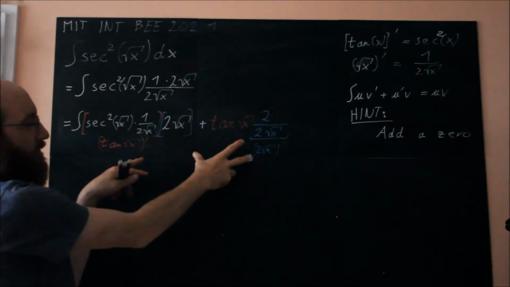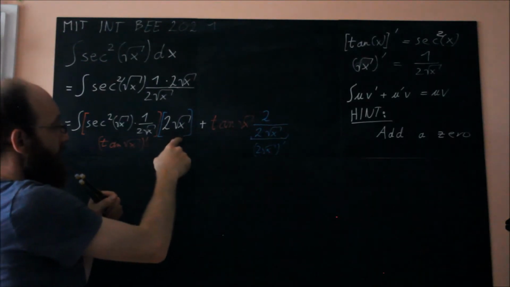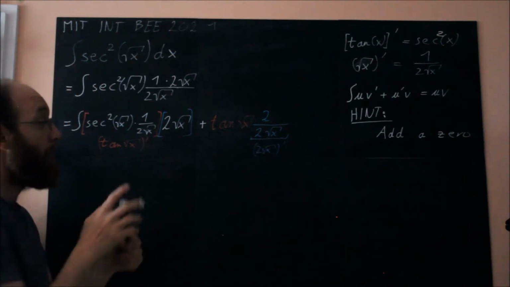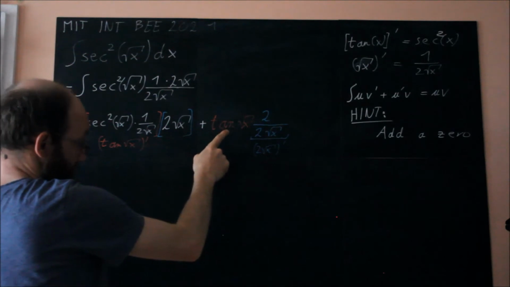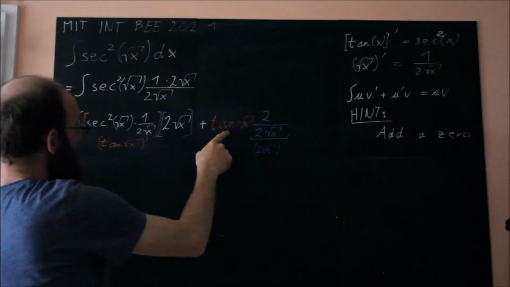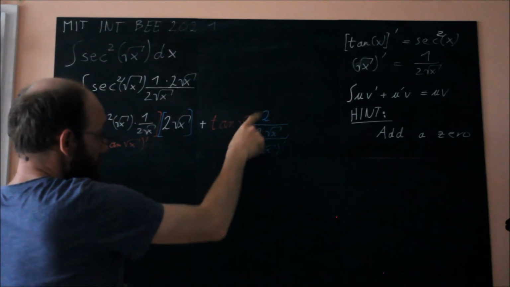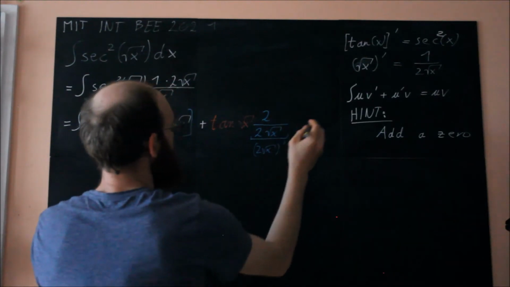Now we have here the product rule. So u prime v plus u v prime, alright? But we added this tangent, so we have to subtract it also.